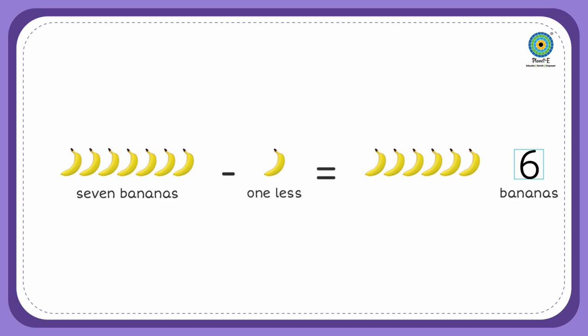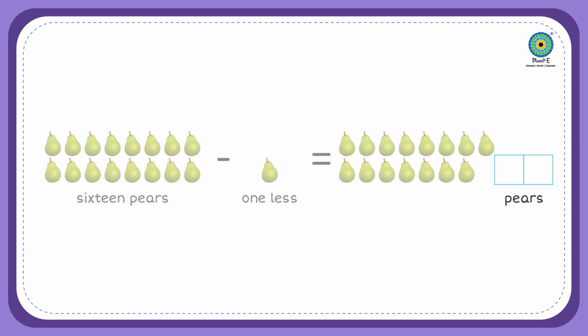Let us first count how many pears we have. 1, 2, 3, up to 16. 16 pears minus 1 less equals 2. 1, 2, 3, up to 15.